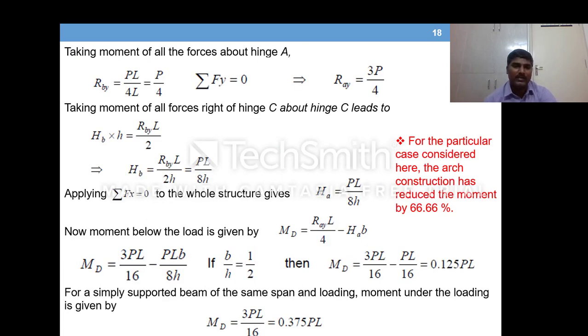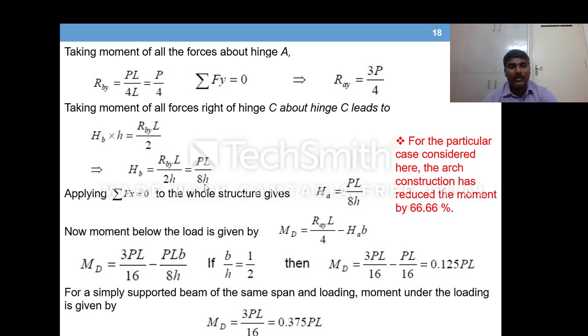You can see it here: H into the rise value, the horizontal reaction at B into h, and RB into L by 2. That will give you the horizontal reaction, where RBY you can substitute from the earlier calculation, which is P by 4.